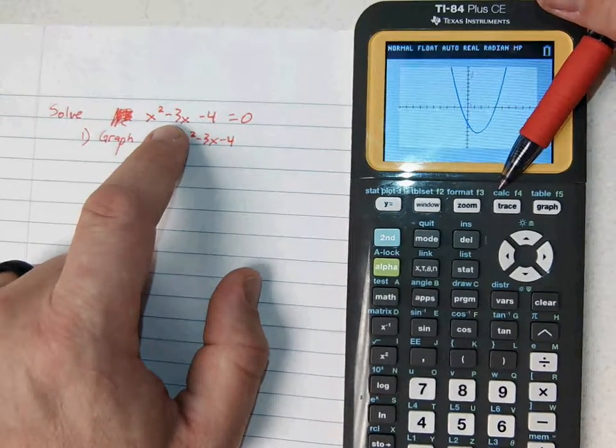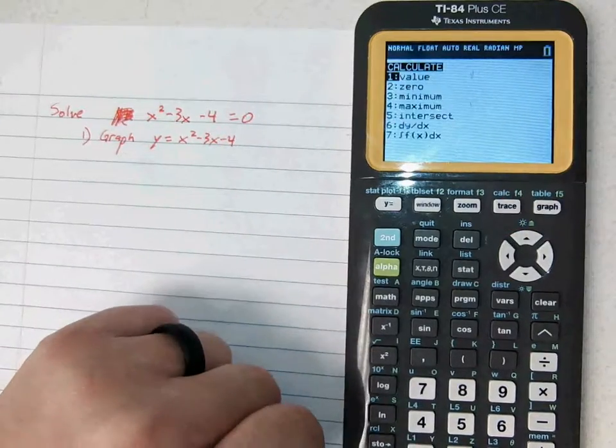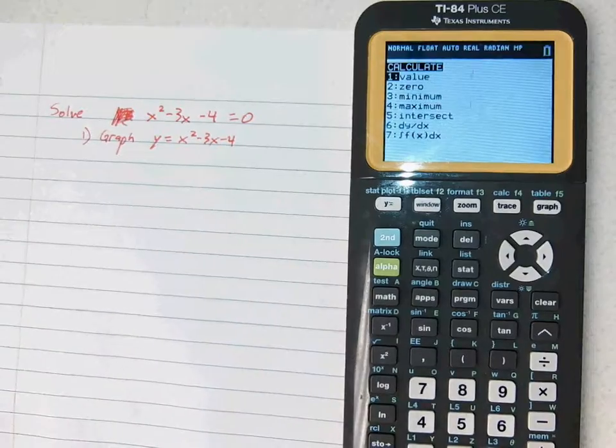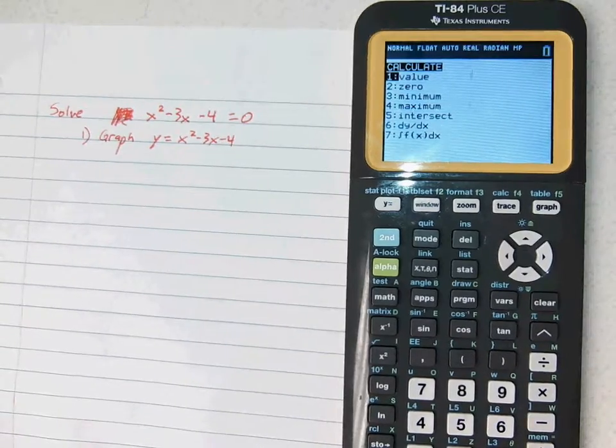So it's in blue, so we first have to hit second, and then that trace button, and it brings up your calculate menu. We see the words value, 0, minimum, maximum, intersect, dy, dx, and then a summation as well.